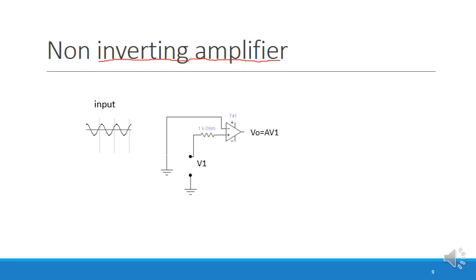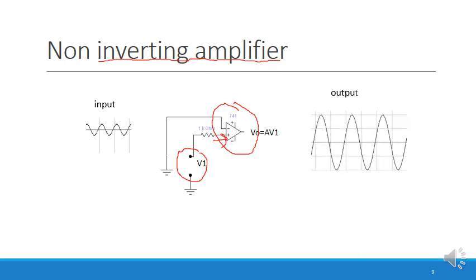If you apply input to the non-inverting terminal of this operational amplifier, and the inverting terminal is grounded, and the output is taken at the output terminal, you are going to get the amplified and non-inverted output.